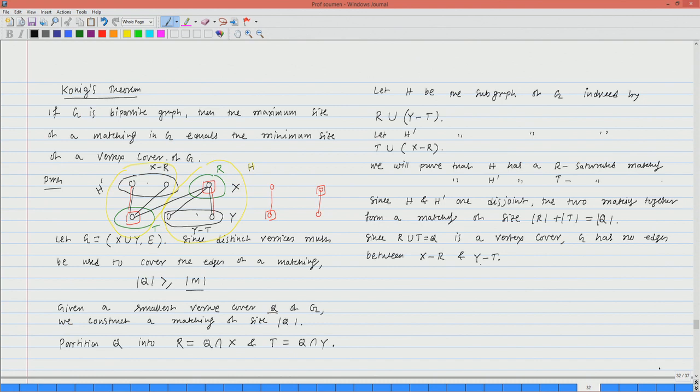Now, to prove that H has an R saturated matching, we have to prove that Hall's conditions are true.